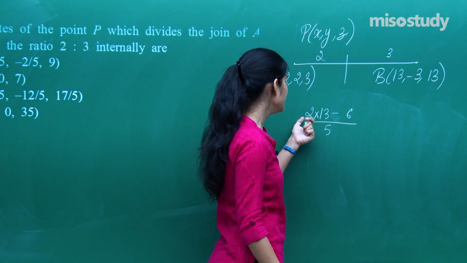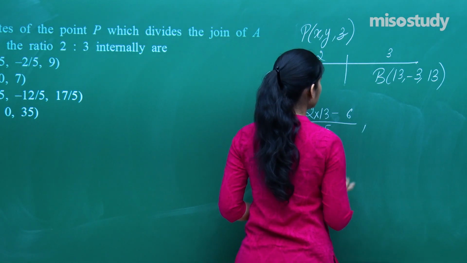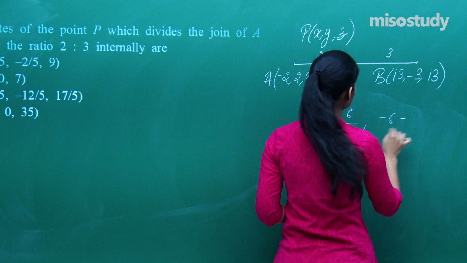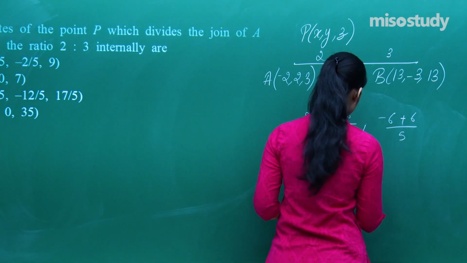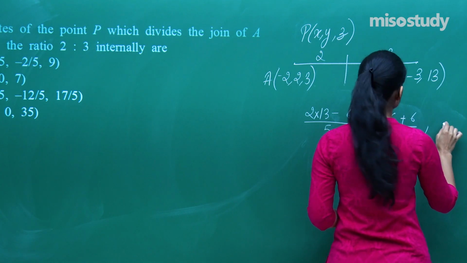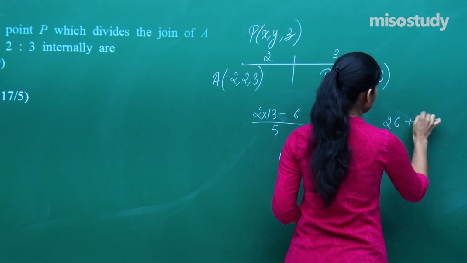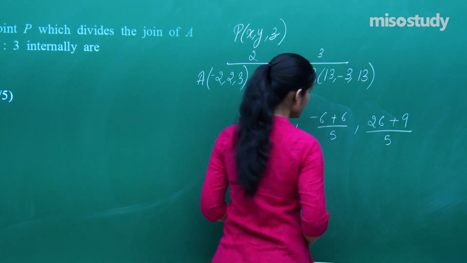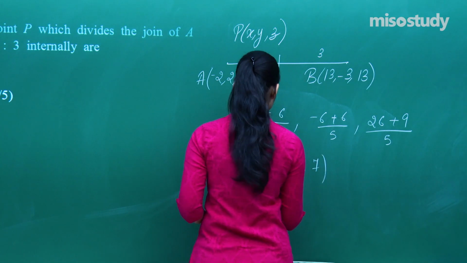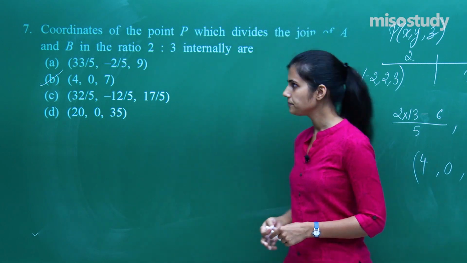This becomes what? 3 into 2 is 6. So 26 minus 6. So 20 upon 5, that is 4. Then you have 2 into minus 3 plus 3 into 2 upon 5. So you have 0. And then you have 2 into 13, 13 into 2 is 26, 26 plus 9 upon 5, which is 35 upon 5, that is 7. So 4 comma 0 comma 7, that is option number B, the correct one.